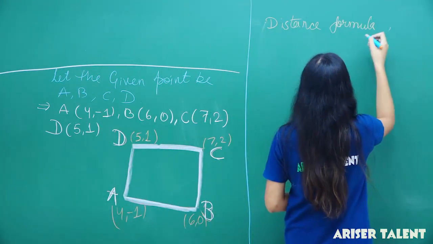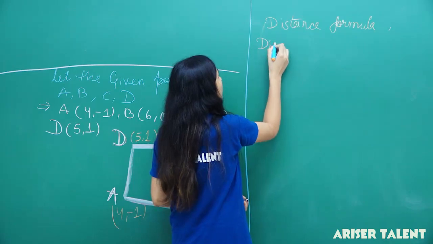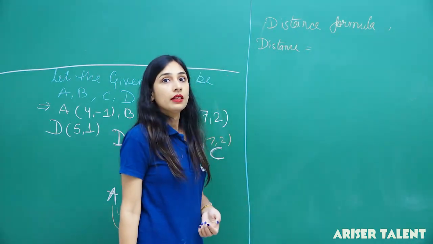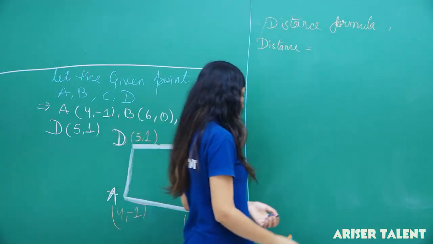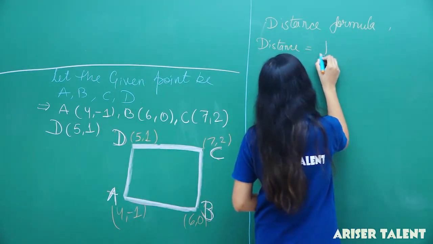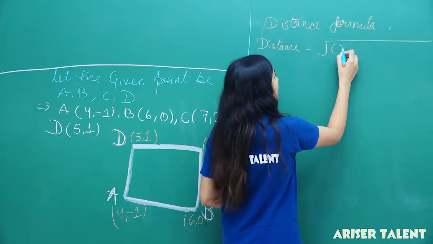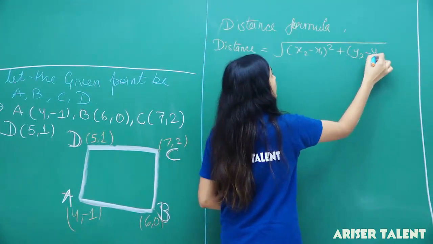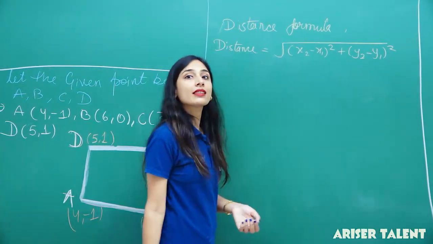Okay, distance will be equal to root of abscissa difference squared plus ordinate difference squared.